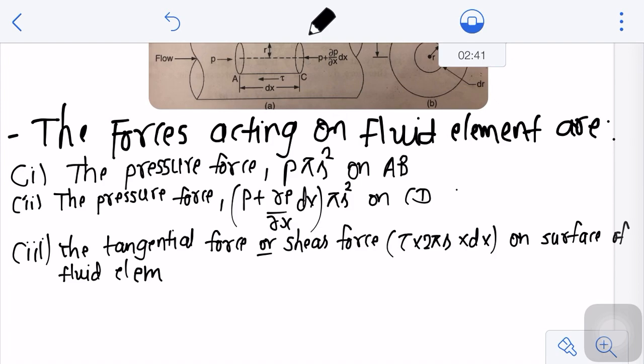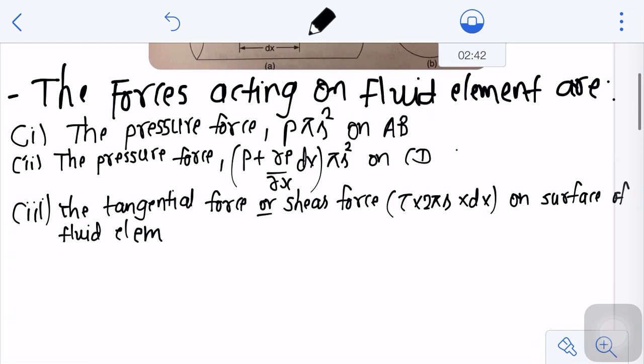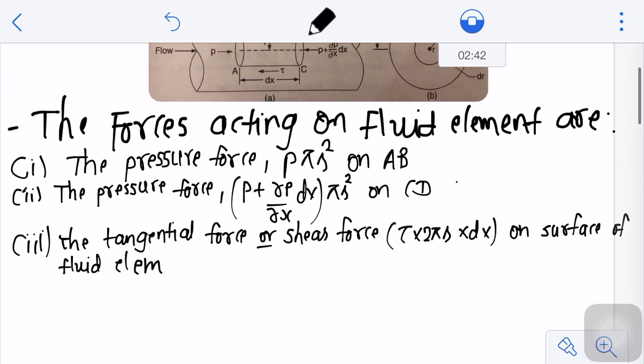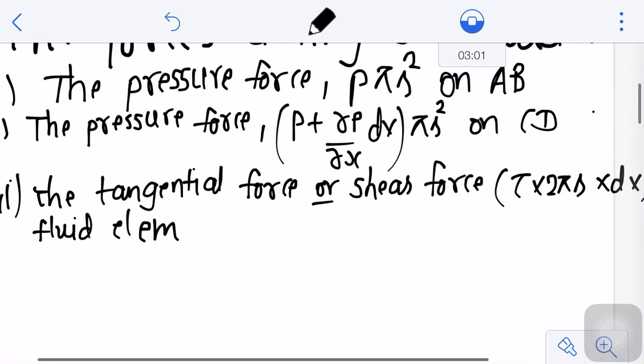These tangential stresses induce a frictional force which tends to retard the motion of the fluid particles, so it acts in the direction opposite to the flow. This force equals tau into 2 pi r into dx, acting on the surface of the fluid element. So these are the different forces we have considered on this fluid element in the direction of the flow.